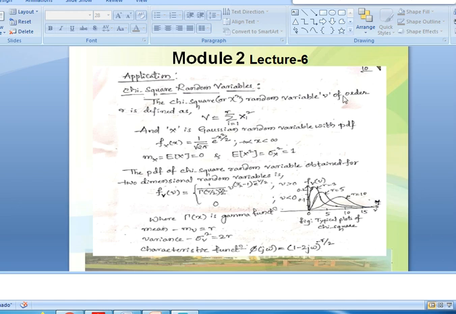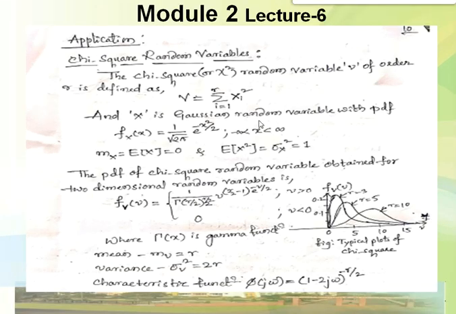The chi-square random variable V of order r is defined as V equal to the summation i equal to 1 to r of Xi square. And X is the Gaussian random variable with PDF f_X(x) given by 1 by root of 2 pi e raised to minus x square by 2, wherein x runs from minus infinity to plus infinity.